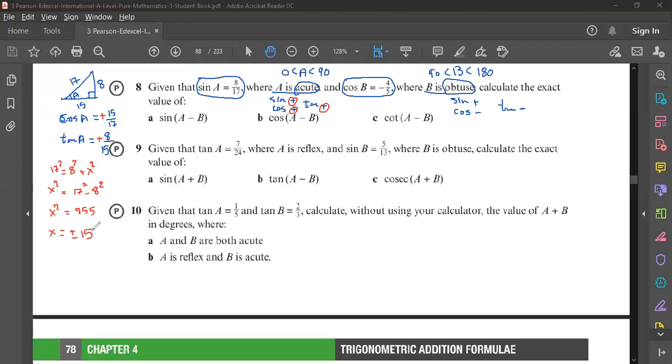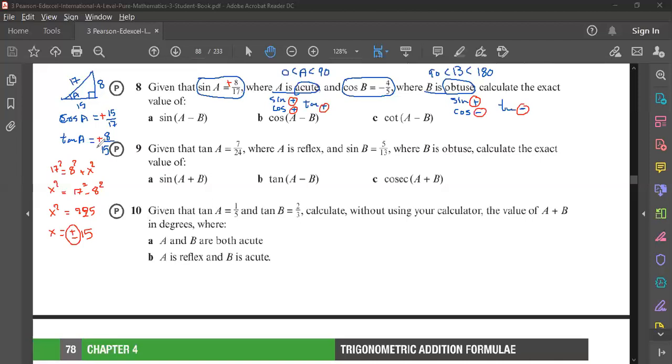This plus minus affects things here. What are we going to choose, plus or minus? That's why, because A is acute, they are all pluses. The sine is positive, cosine is positive, tan is positive.